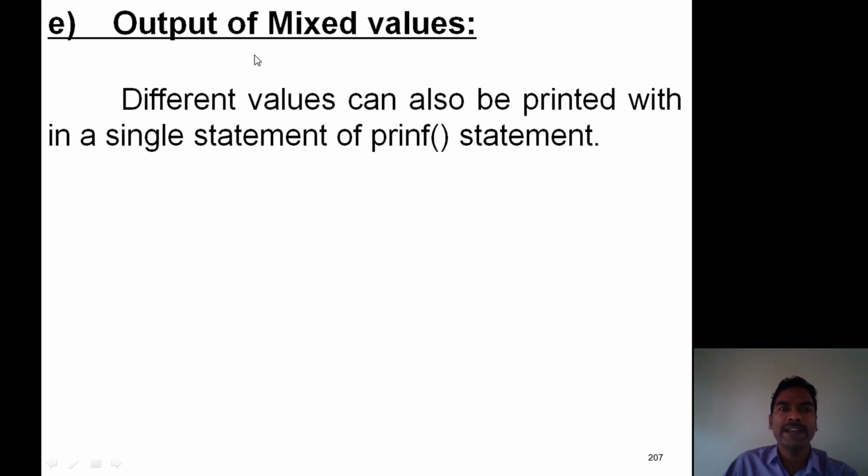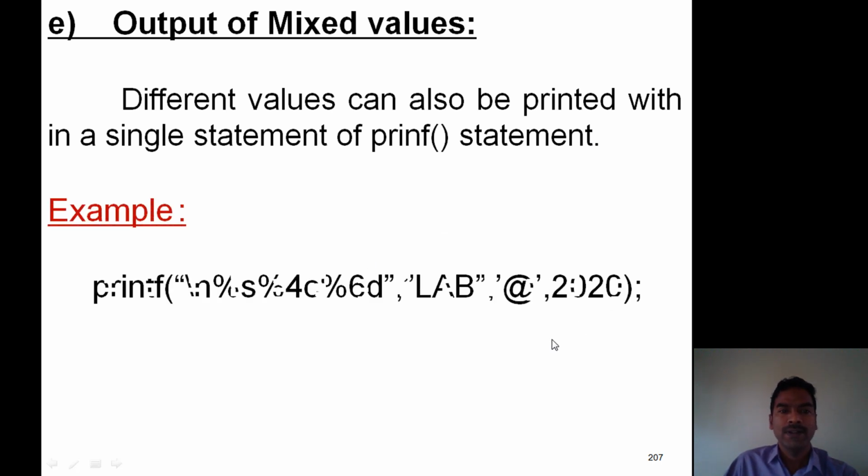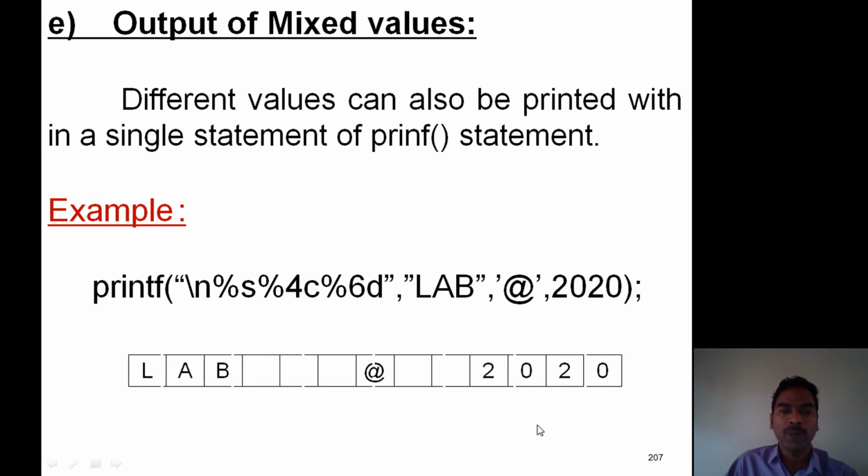Such type of printing is considered as output of mixed values. That is, for example, printf %s, %4c, %6d. First one is a string, LAB, then a character, @, then the integer 2020. For this, the output becomes the following.